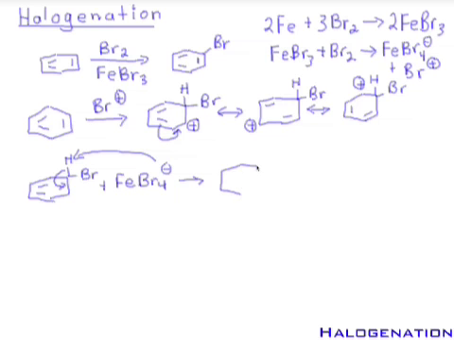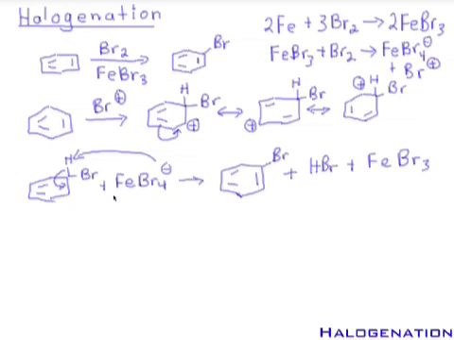Once that happens, the H has been pulled off. I get bromobenzene. And FeBr4 falls apart, making HBr and producing FeBr3. Because FeBr3 is reformed in the reaction, FeBr3 is the catalyst.